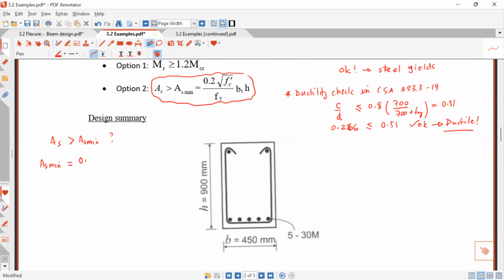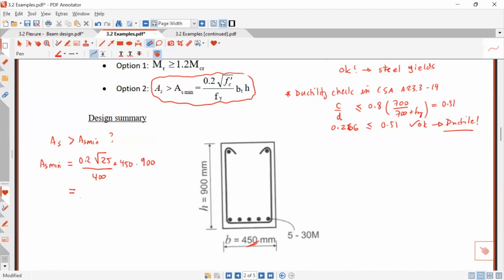It's 0.2 square root of F'c, square root of 25, divided by Fy, which is 400, times bt, which is this width here in the tension face, so times 450, times h, which is 900.